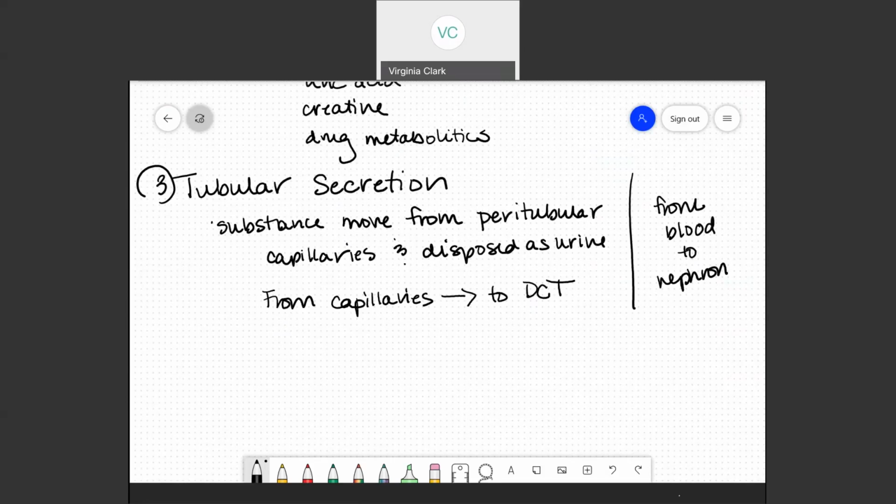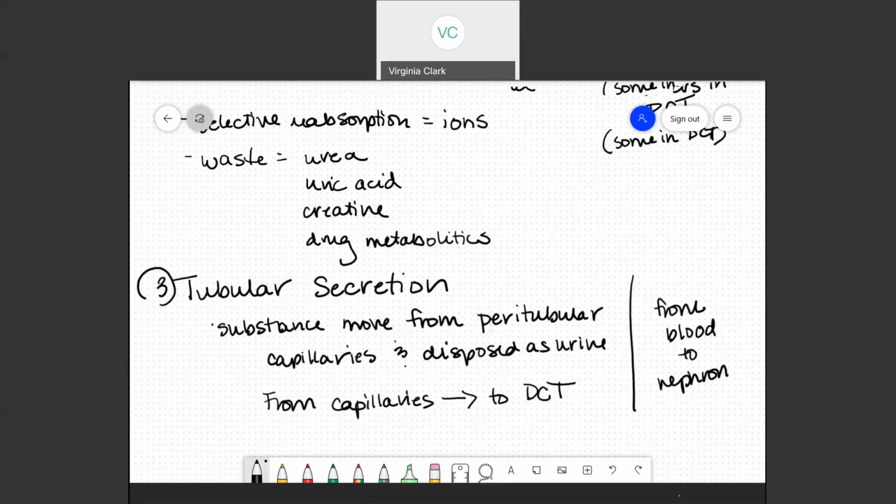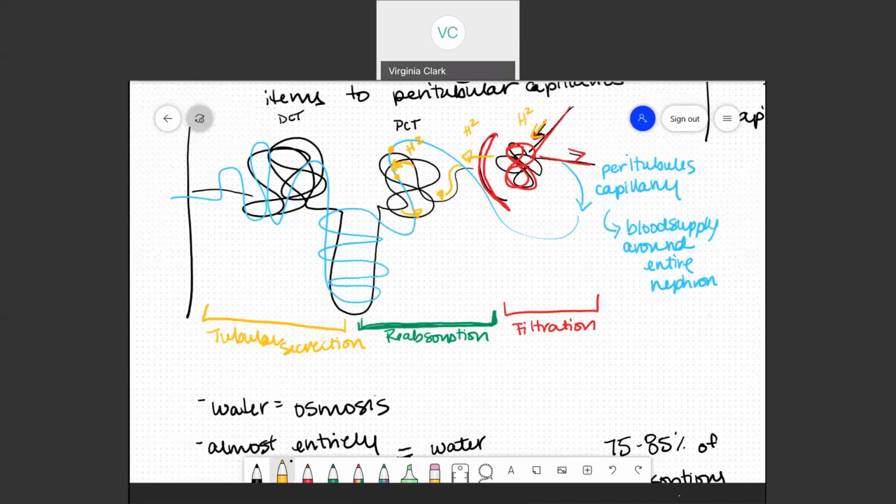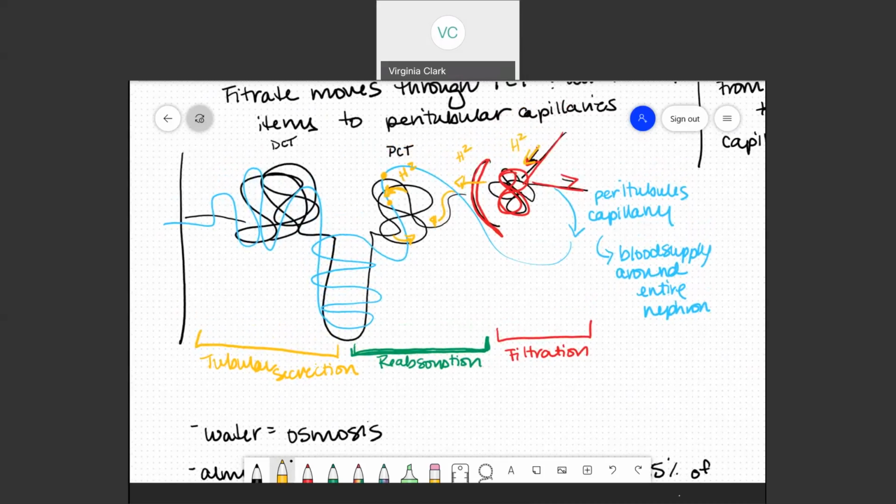Tubular secretion. Up here, that means that all of these peritubular capillaries right here, this is going to be tubular secretion. It's really tricky to process that. So real quick, filtration is a process where you are filtering out from the blood.